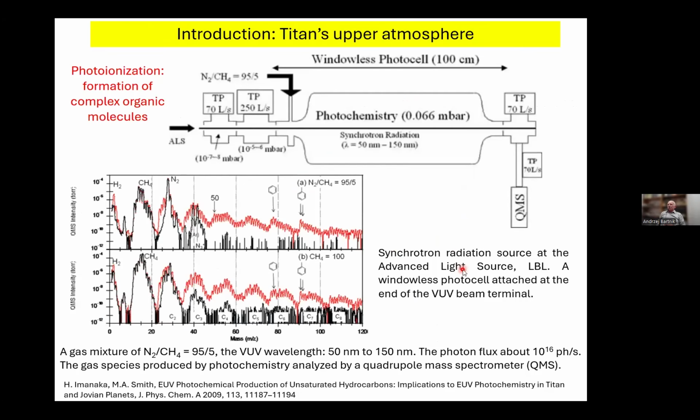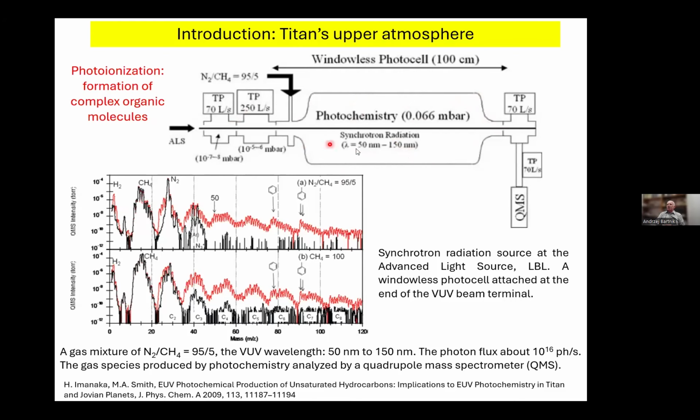There are also experiments using synchrotron radiation, high energetic photons, not only UV but also EUV, in this experiment from 50 to 150 nanometers. And this radiation is irradiating the special photocell.